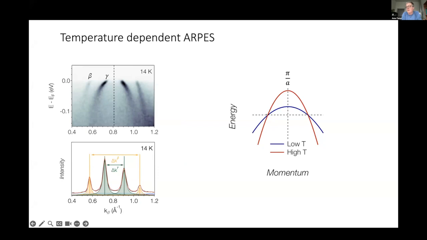If the mass changes as a function of temperature, here I approximate with just a simple parabola, you would expect the position of these peaks, for instance down here, to change with temperature, describing a change of the mass with temperature. So we did this type of analysis here at the Fermi level and a bit below.